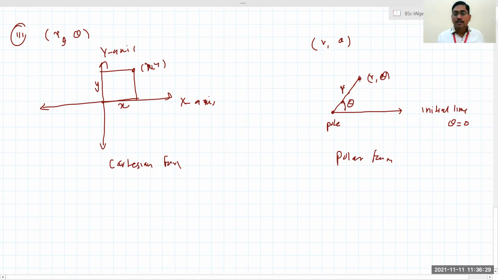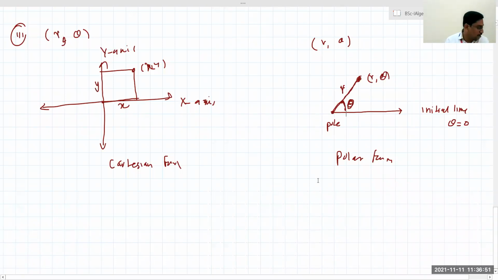It is not like that. This point has coordinates r comma theta means this point is at distance r from the pole, and with the initial line it makes an angle theta. So when you want to write this, it will be r cos theta plus i r sin theta. But this is just the polar form representation.